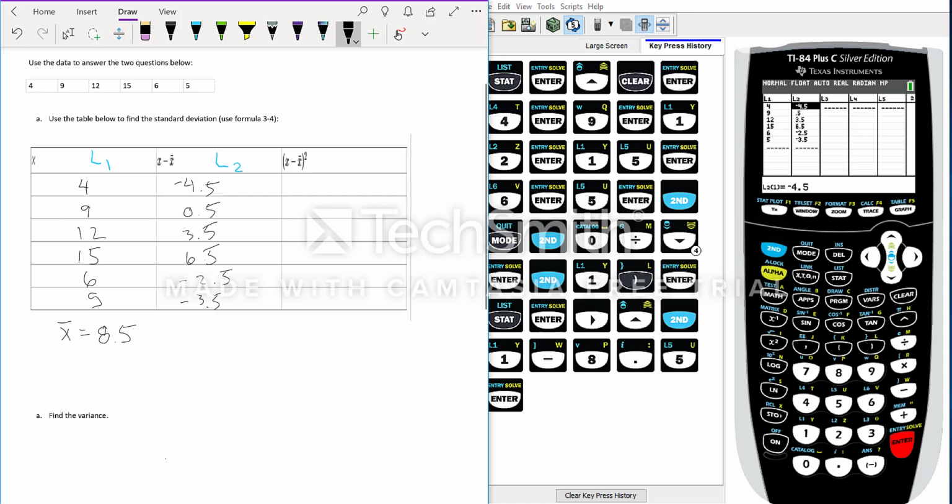Then we're going to find the x minus the x bar squared, and on the calculator we're going to do that on the L3 column.